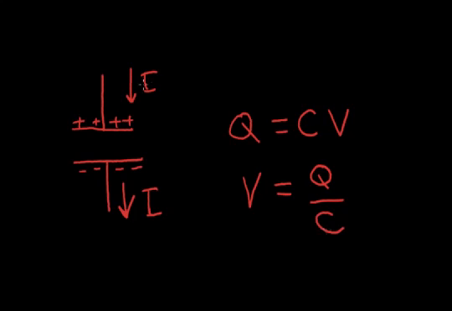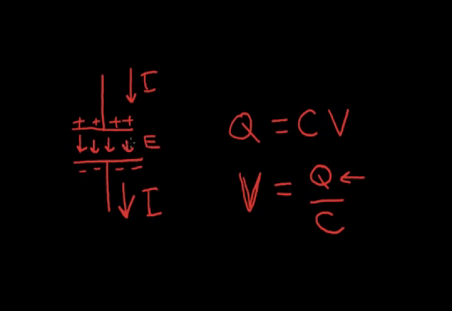So as we add charge to the capacitor, as the charge increases, the voltage V increases also. So eventually, if we add enough charge to this capacitor, this region in between will experience a very large electric field. This is where the energy is stored, in this E field.